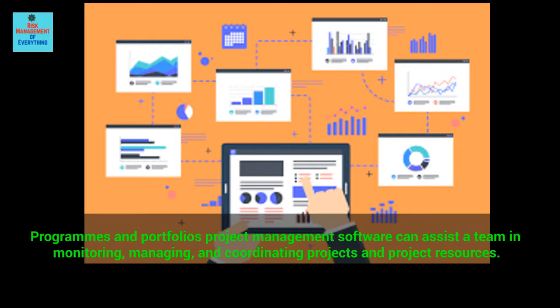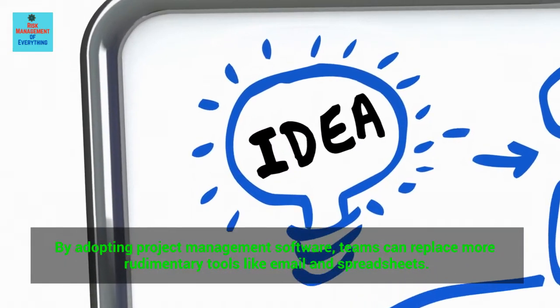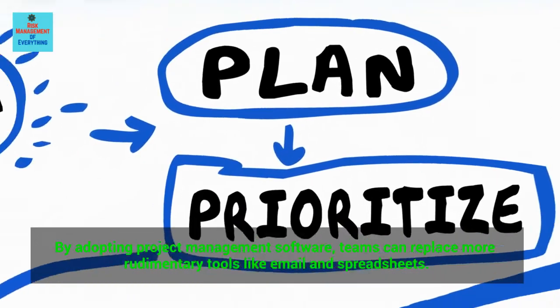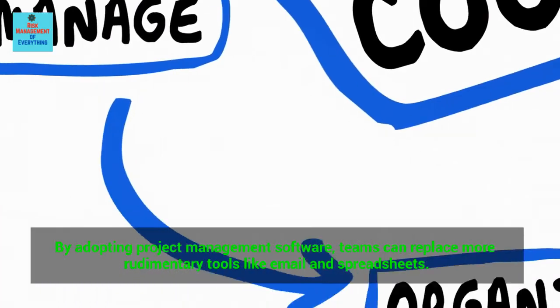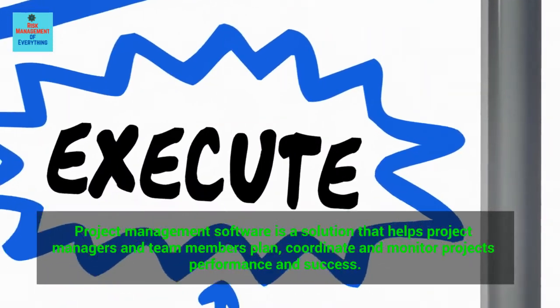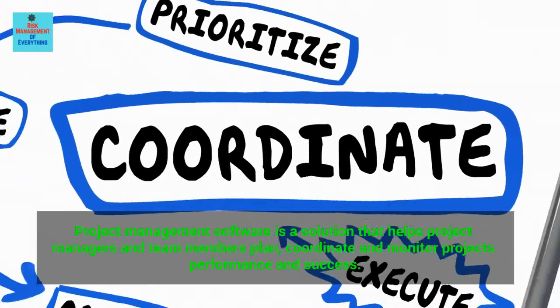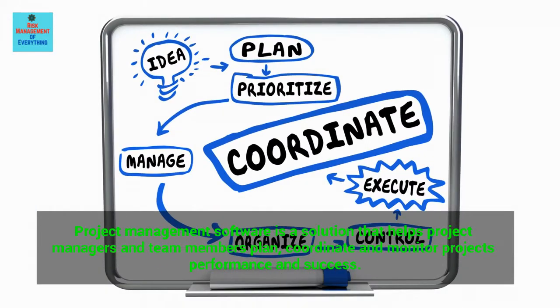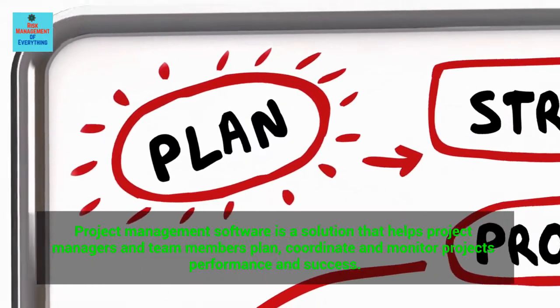Project management software can assist a team in monitoring, managing, and coordinating projects and project resources. By adopting project management software, teams can replace more rudimentary tools like email and spreadsheets. Project management software is a solution that helps project managers and team members plan, coordinate and monitor projects' performance and success.